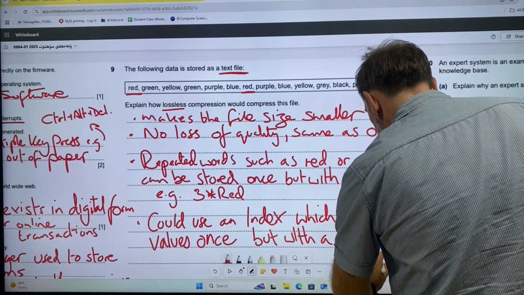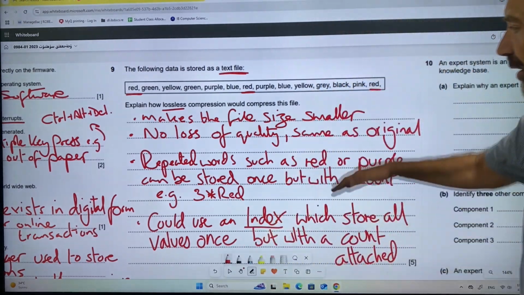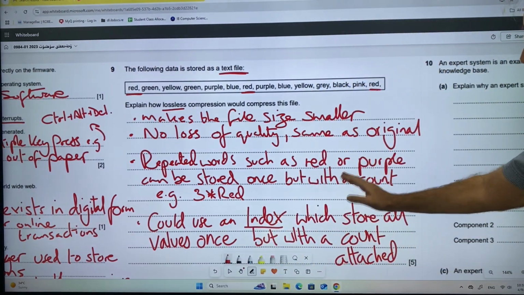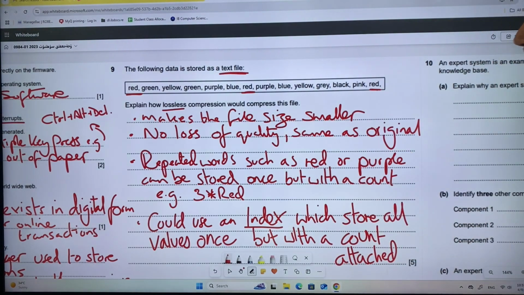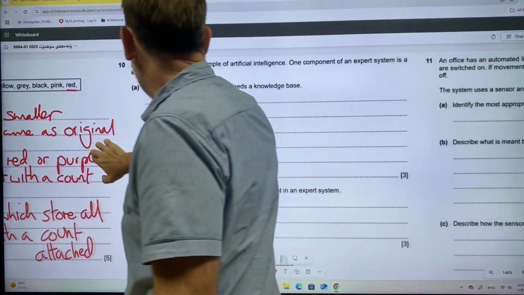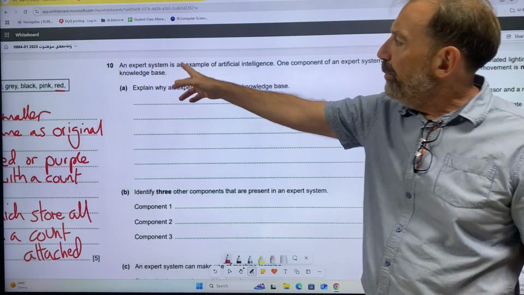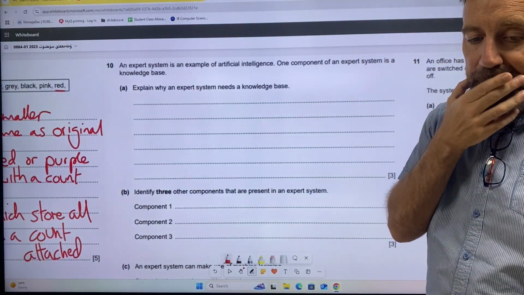I think that's what it's maybe trying to get at, using an index. Okay, but 1, 2, 3, I would say that would get us 5 marks. Okay, that's question 9. Question 10. An expert system. Okay.